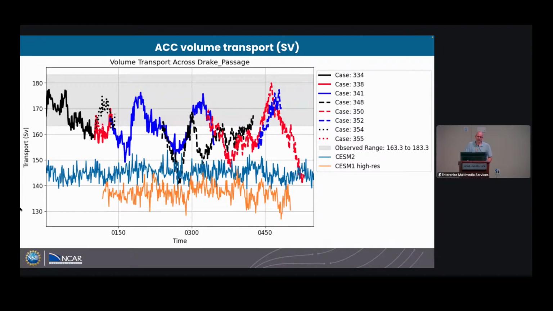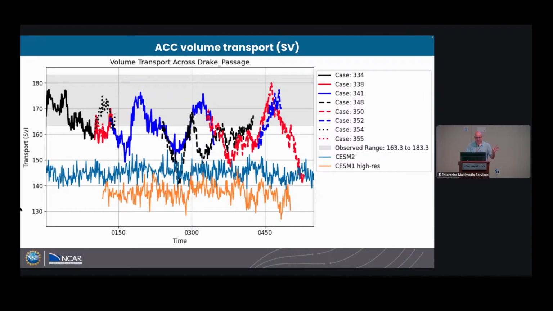If you look at the ACC volume transport, and again, I'm concatenating the different simulations. I'm also showing CSM2 low res and CSM1 high res, the two on the bottom. We start to see these oscillations, and they used to be much larger in amplitude than we're seeing right now.